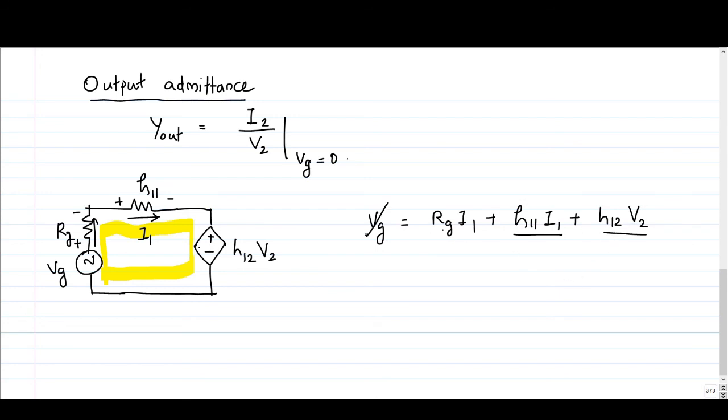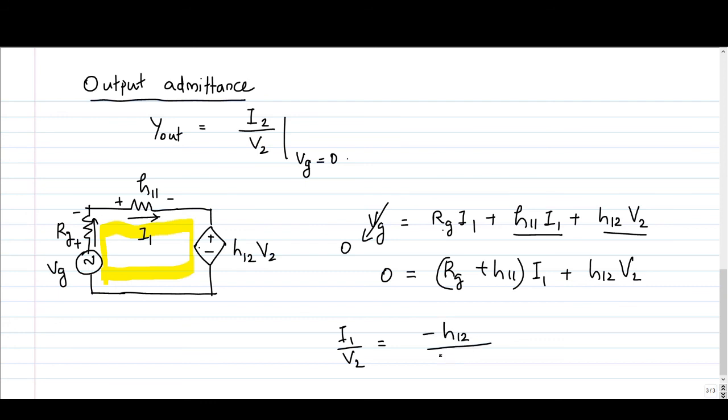Now VG is set to 0, so this becomes 0 is equal to RG plus H11 into I1 plus H12 V2, and we can write an expression for I1 by V2. That is, if you rearrange this, you can write I1 by V2 is equal to minus of H12 divided by H11 plus RG. Okay, so let it be equation number 3.